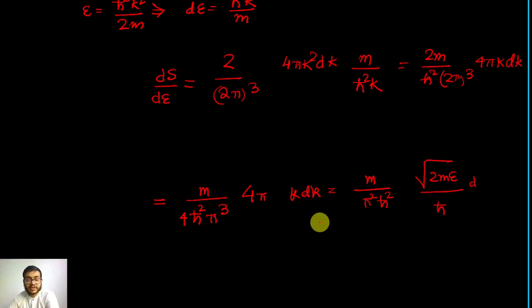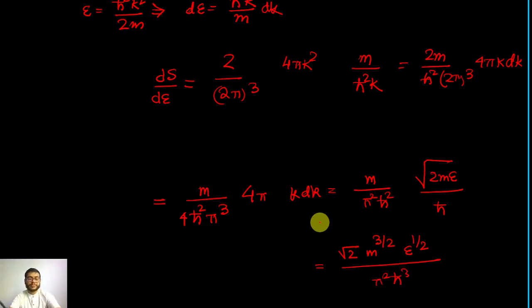And what is dk? Oops, I think dk is getting cancelled here. So yeah, that would be pretty much it. So it would be root 2 m to the power 3 by 2 E to the power 1 by 2 over pi square h bar cube. So that would pretty much be the density of states in this calculation.